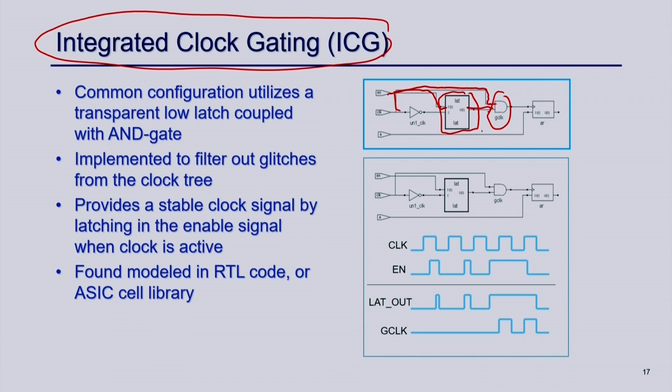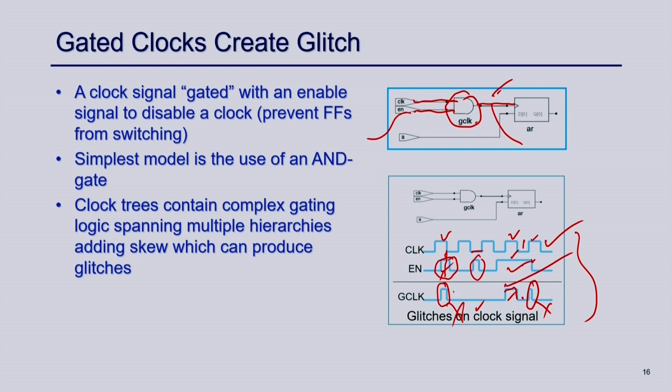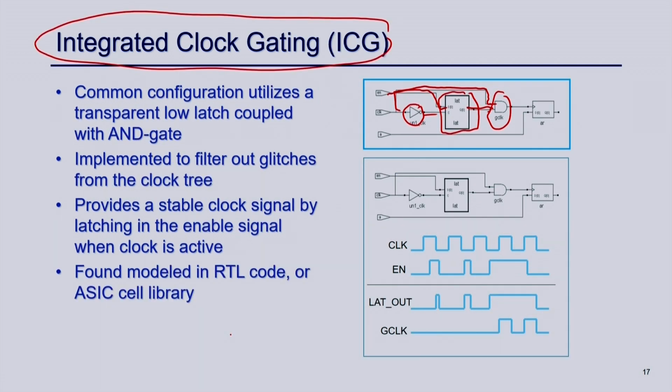The negation of the clock is given as the clock to this latch. This is really helpful to remove these glitches, because since this is a latch, whenever the clock is 1, whatever the data is, that will update it, and when it is 0 it will not change. So, this is how it will work. Suppose this is your clock and those glitches are there, and what will happen here.